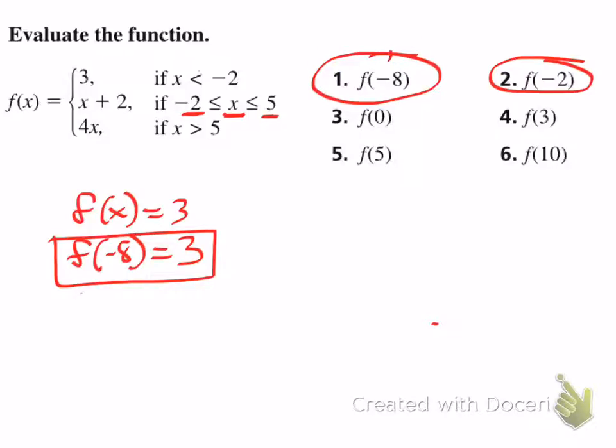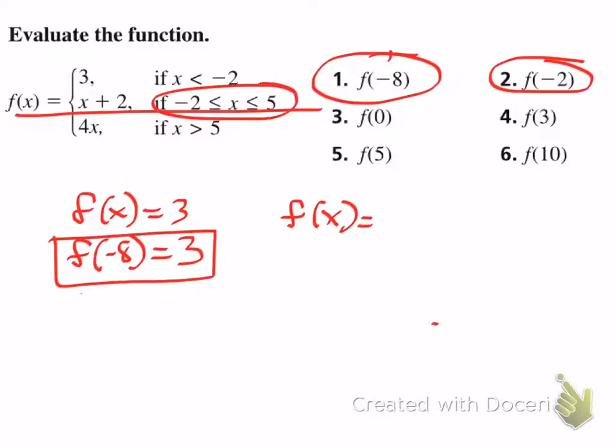It fits in there. It's not greater than 5. It's not less than negative 2, but it's equal to. And since we have that greater than or equal to, I would use the f of x equals that middle one because it fits this domain restriction.